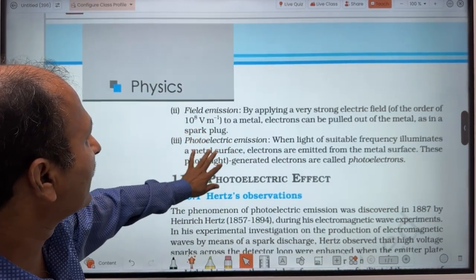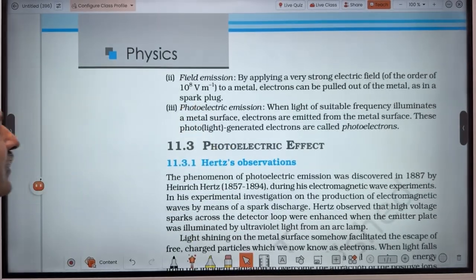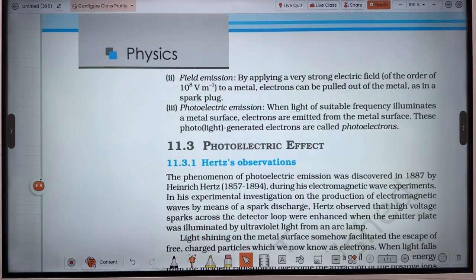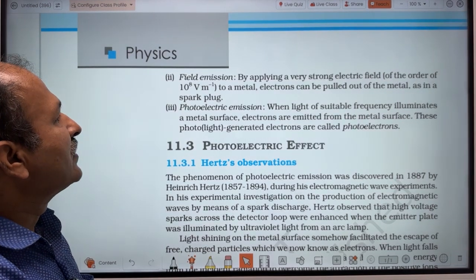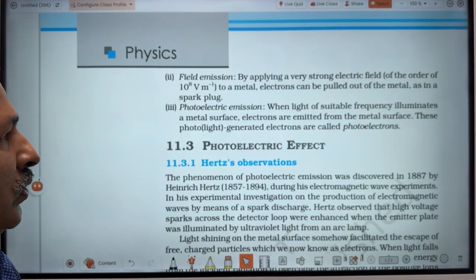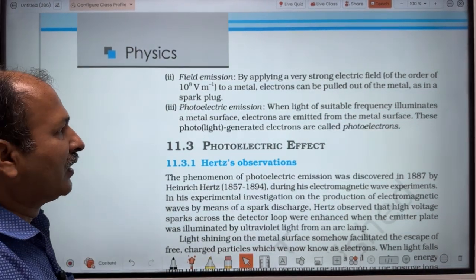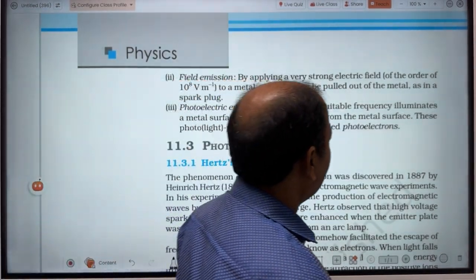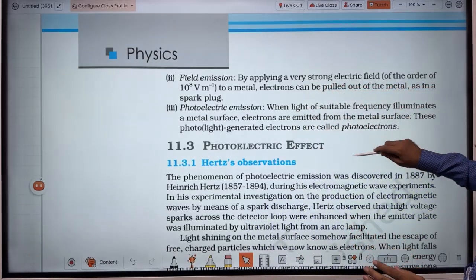Then comes photoelectric emission. Photoelectric emission means when light of suitable frequency falls on the metal surface. In that case, electrons are emitted and such electrons are called photoelectrons. In this chapter, we will study the properties of photoelectrons and related facts.